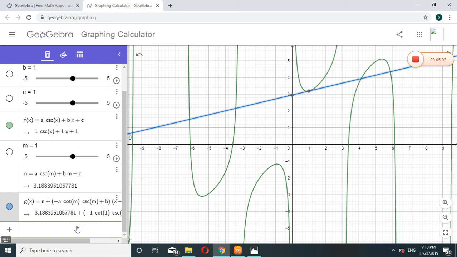As you know, the normal line is perpendicular to our function, so it will be perpendicular to our tangent line also.